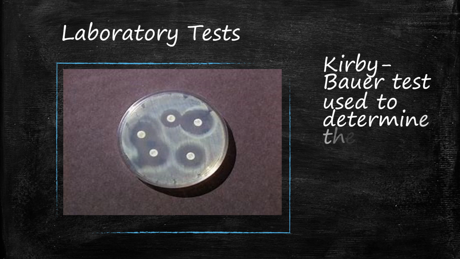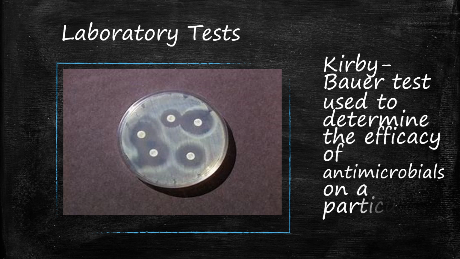Different laboratory tests that we need to know about for the exam. The Kirby-Bauer test, which frankly I've always found fun to do. So microbiologists, you plate just a petri dish of bacteria and you see what grows.